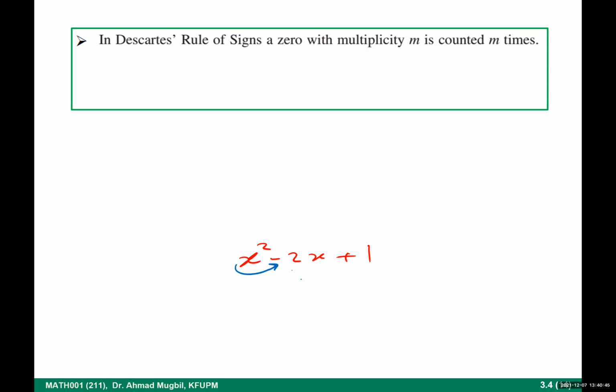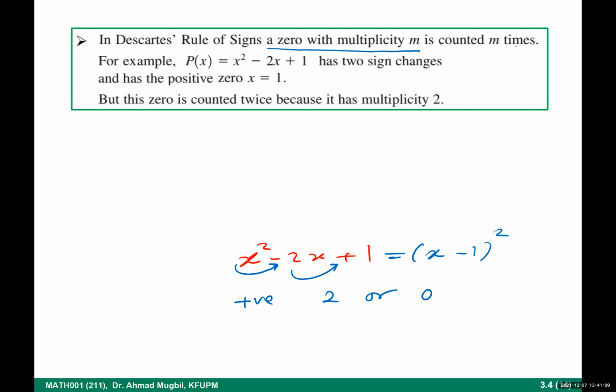This is one variation. This is another variation. So we have 2. How many positive zeros? 2 or 0. But indeed, this polynomial is just x minus 1 all squared. It has 1. So what is that? This is repeated. So in Descartes' rule of signs, a zero with multiplicity m is counted m times. And this is the example that I told you about. It is a zero of multiplicity 2.